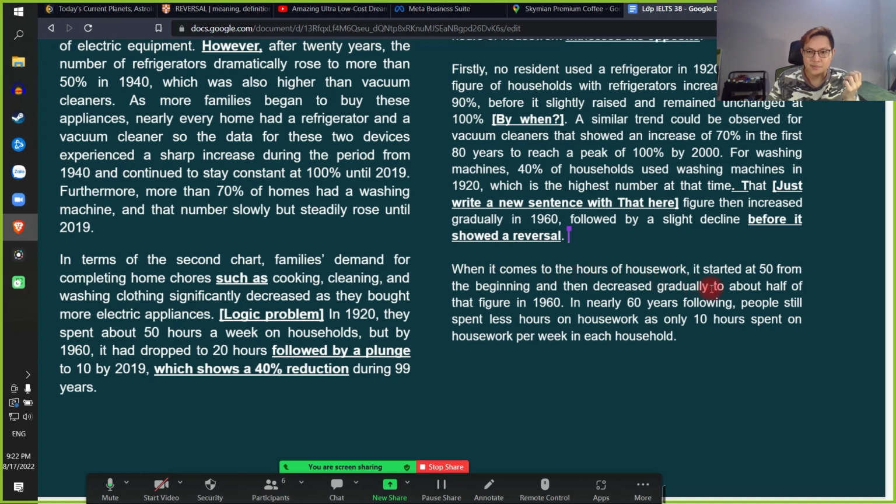When it comes to the hours of housework, it started at 50 from... Chỗ này nó đã nêu rõ là số giờ rồi, chỗ này không cần nêu ra giờ nữa.